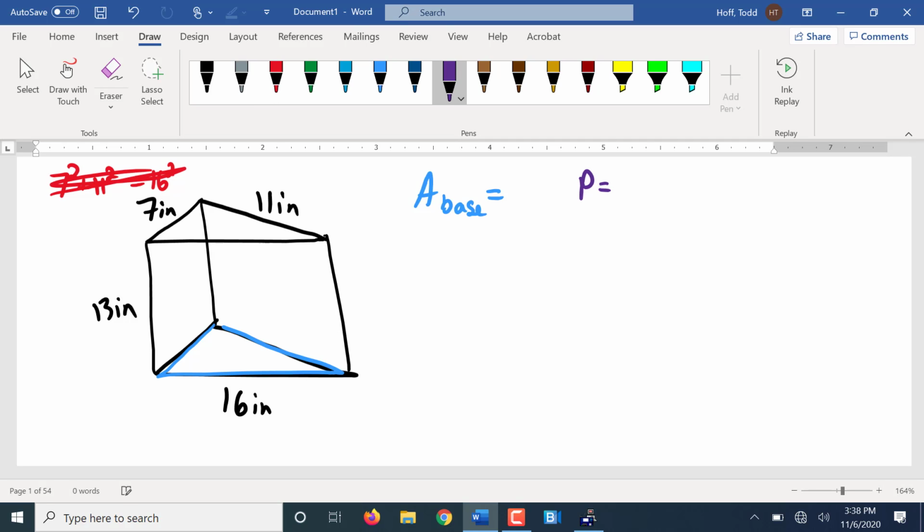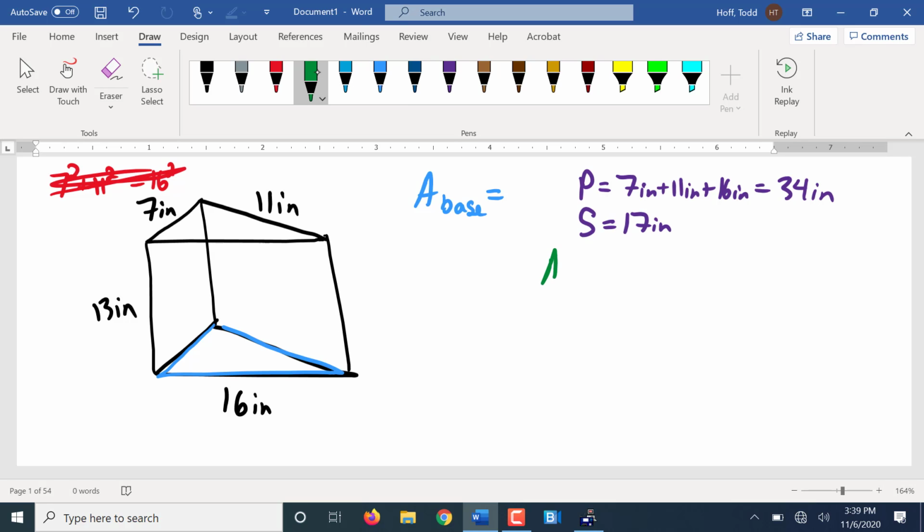So the perimeter of that is how much? 34. Yeah, 7 plus 11 plus 16 gives us 34 inches. So that means the semi-perimeter is 17.